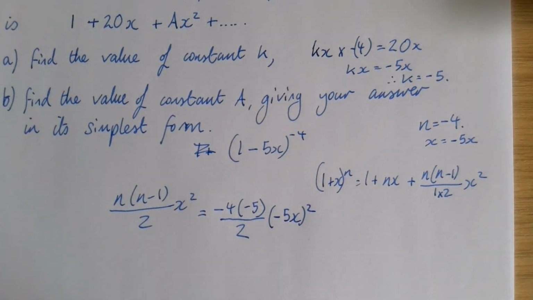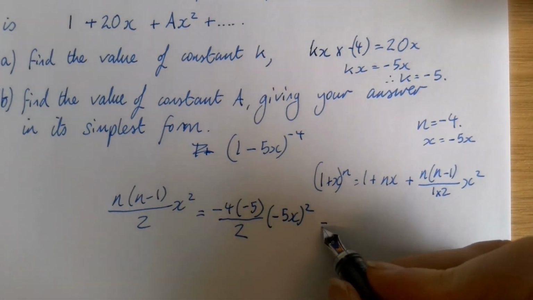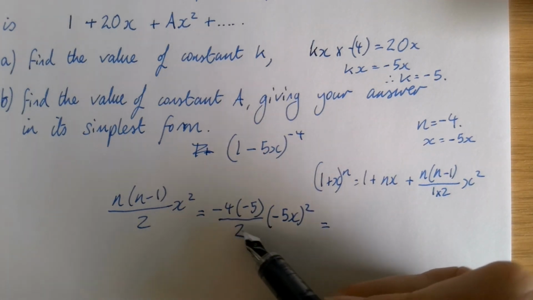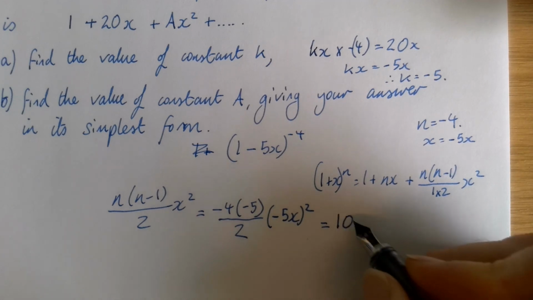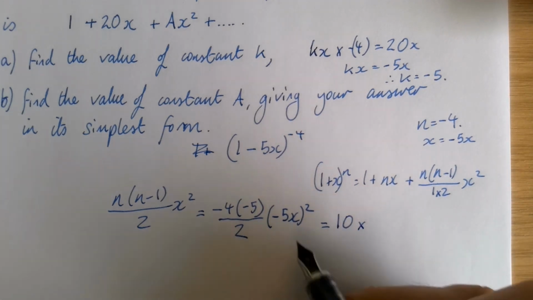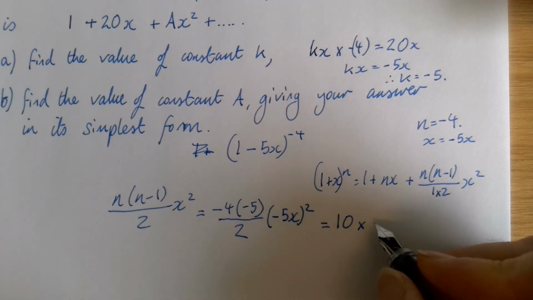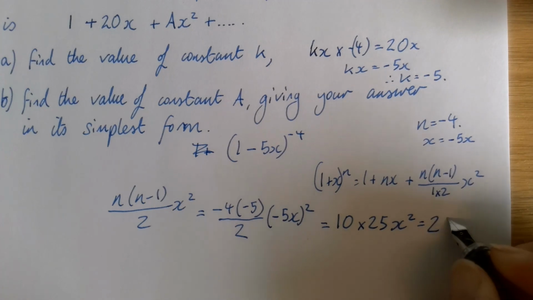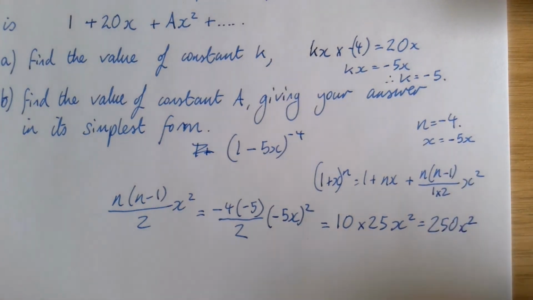So that's the crucial bit. What's that going to give us? Negative 4 times negative 5 is plus 20, divided by 2 is 10, times negative 5 squared is 25 x squared, so 250 x squared.